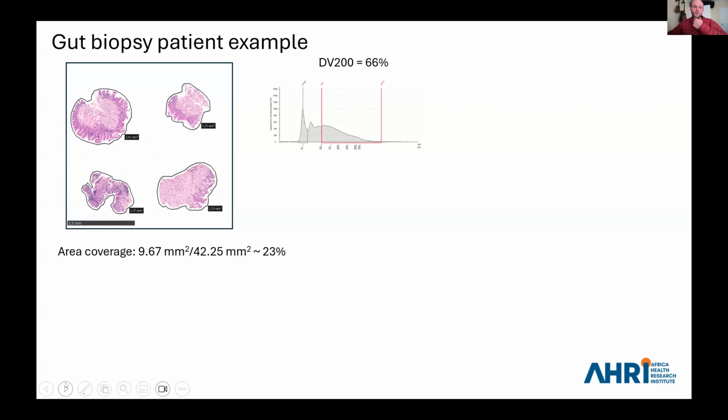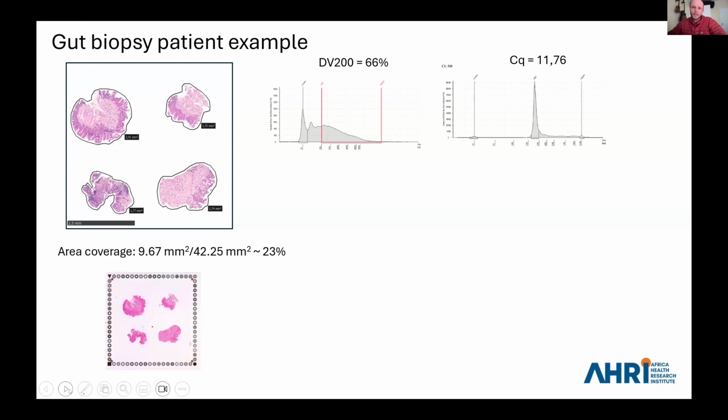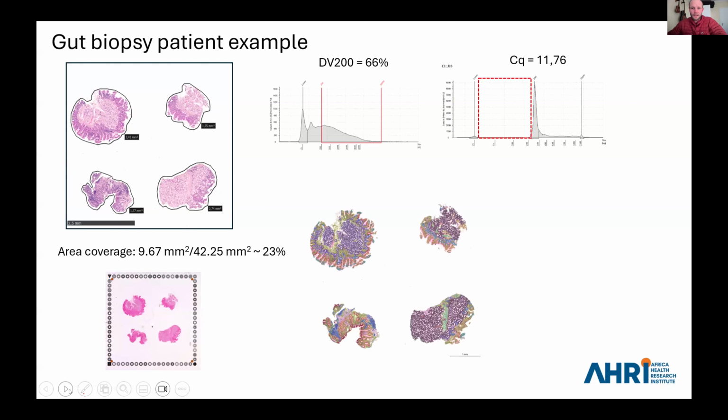Yeah, and this is the data that we got from this particular sample, so also a very good DV200 score. So this is the CytAssist capture, and then again, the library preparation was nice and clean, no smaller fragments in the sample. And then again, this is the single cell resolution of the data.